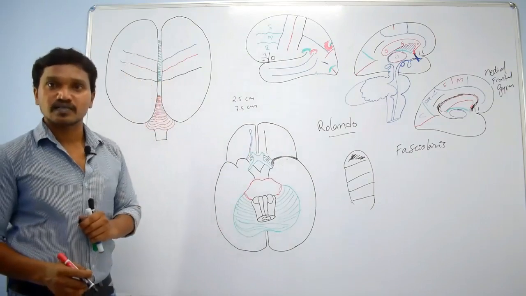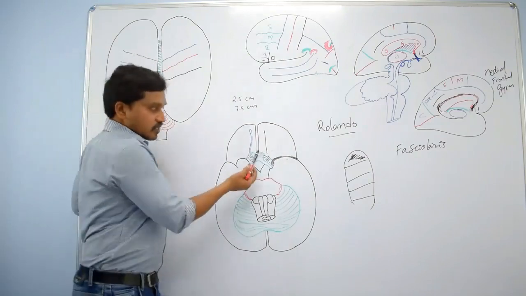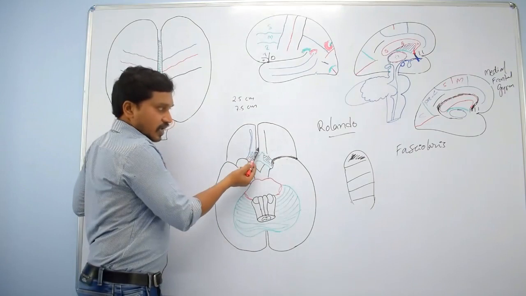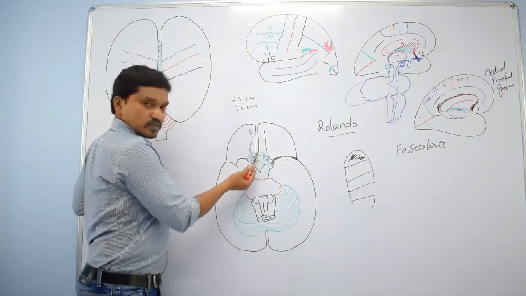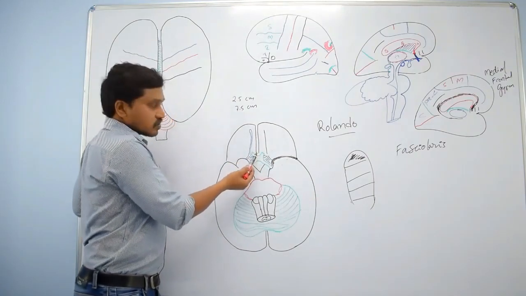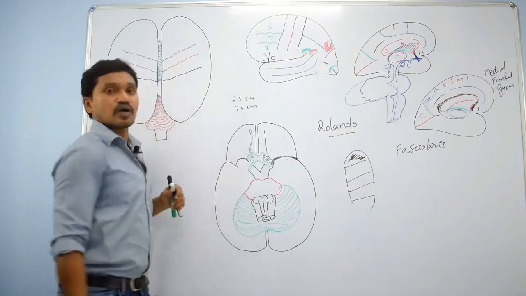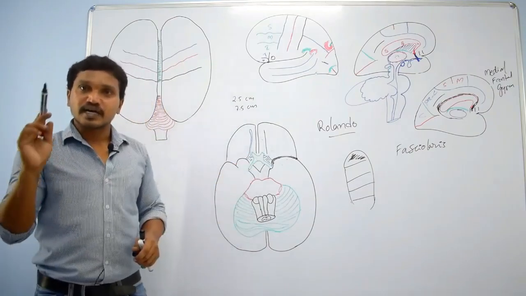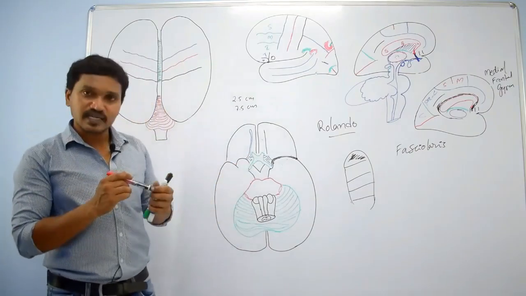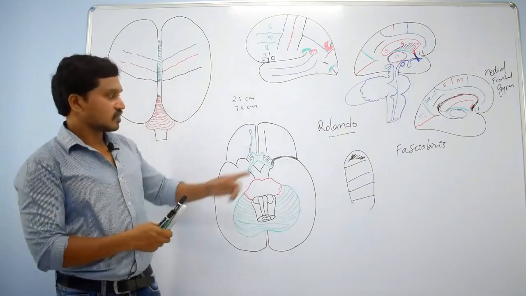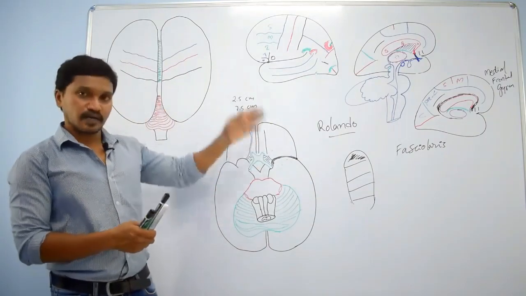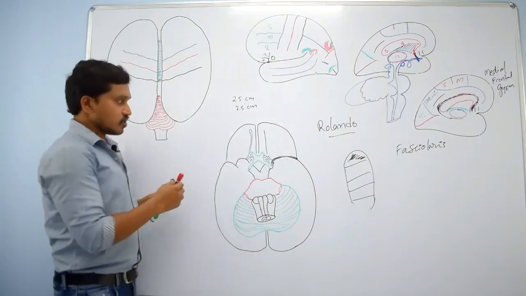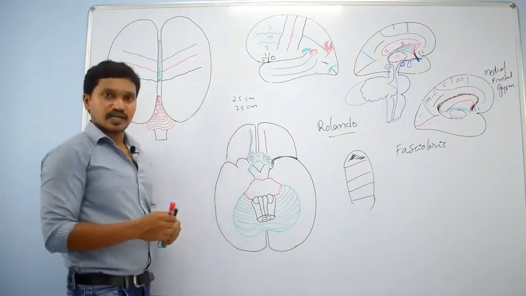In between the olfactory sulcus and the medial border, this gyrus we call rectus gyrus. Rectus means straight. It is a straight gyrus.